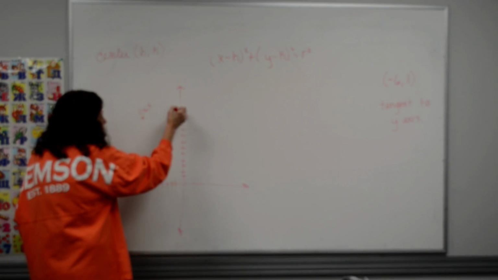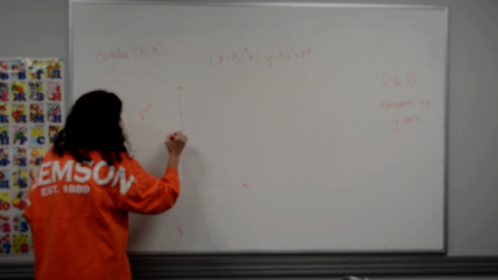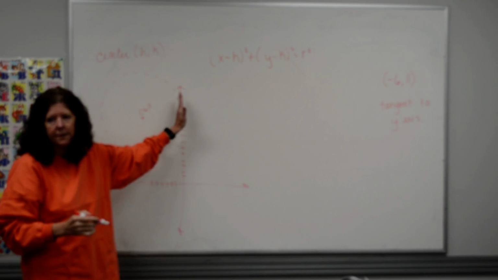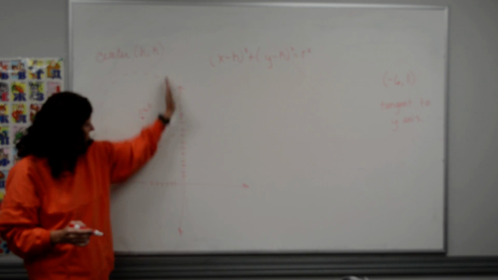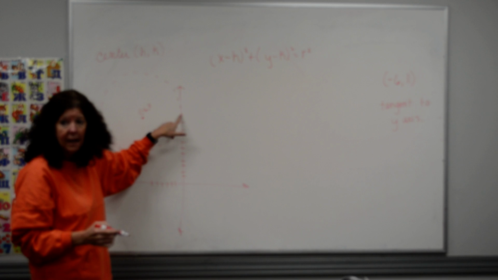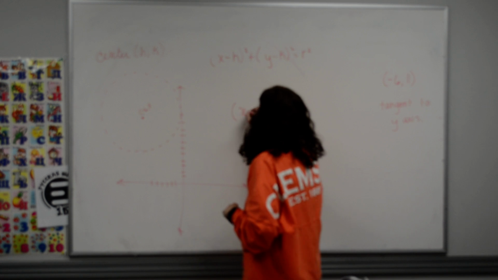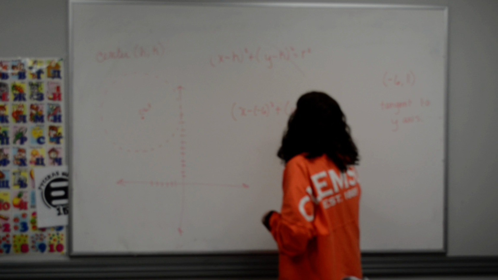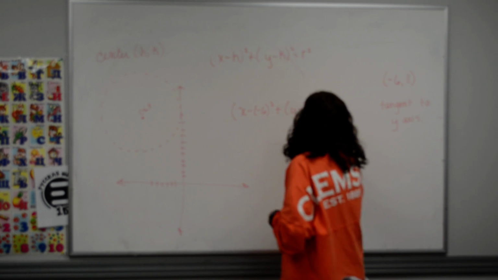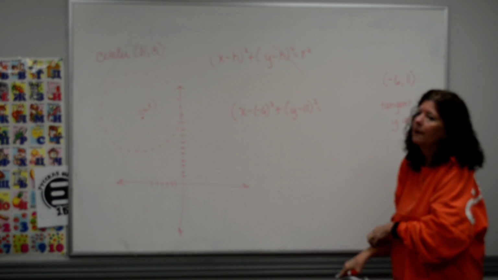Now, I'm going to sketch this because it says it's tangent to the y-axis, which means it hits right here. I know part of this already. I know the h, so I go x minus a -6 squared plus y minus 11 squared. What I don't know is that radius. How am I going to find that radius?